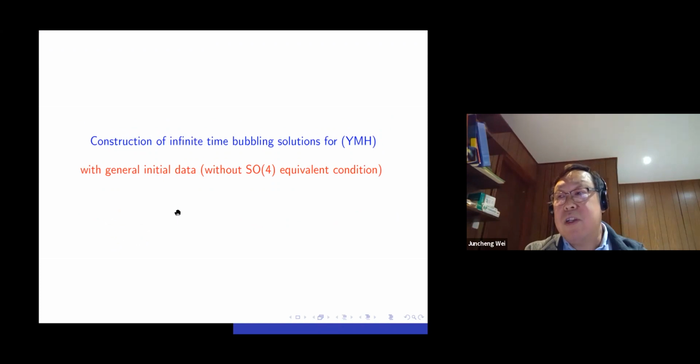So what we're interested in is the construction of an infinite time blow-up for the Yang-Mills heat flow with general initial data and without any symmetry assumption, so without the SO(4) equivariant condition.